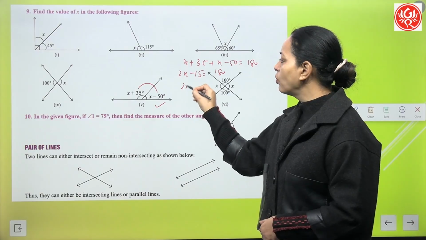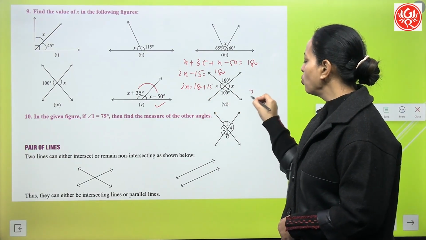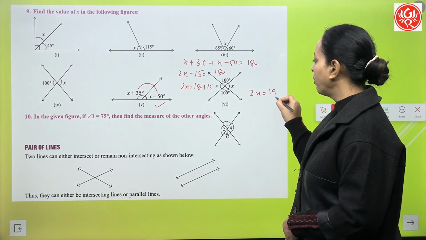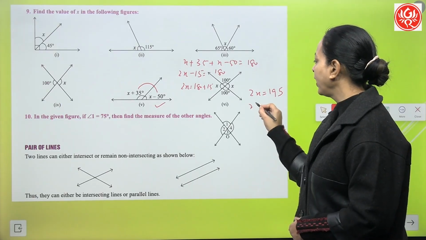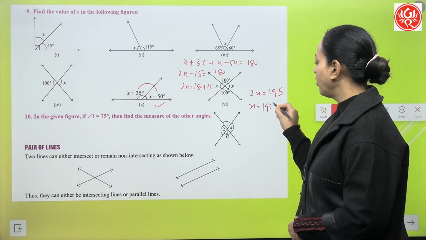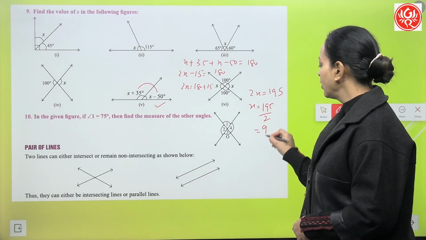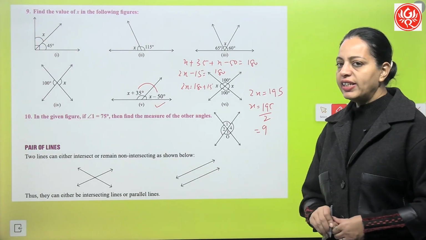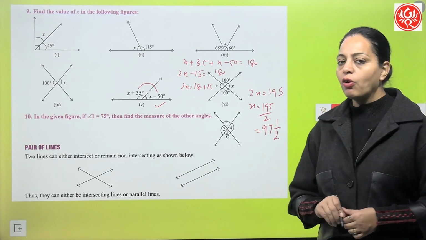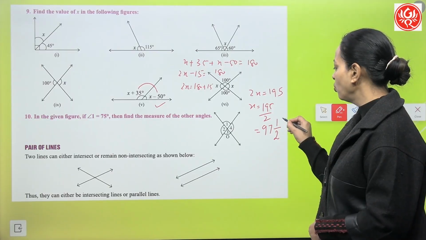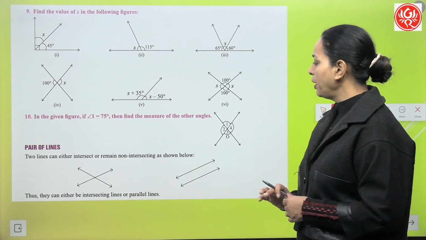So 2x equals to 180 plus 15. So 2x equals to 195. Okay. Then you can find x is 195 upon 2. Means this is 97 whole 1 by 2 degree. Okay. So similarly you can try remaining parts.